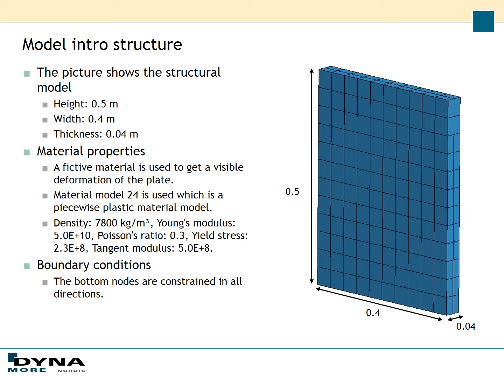And for the boundary conditions, the bottom nodes of the structure model are constrained in all directions, and the rest of the nodes are free to move in all directions.